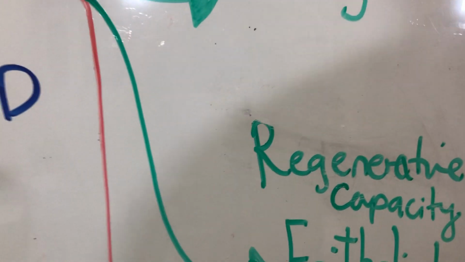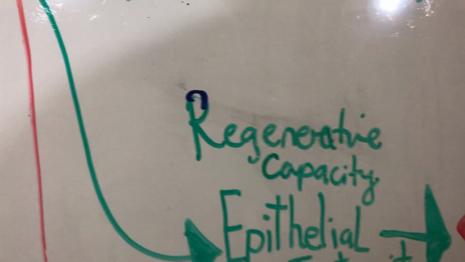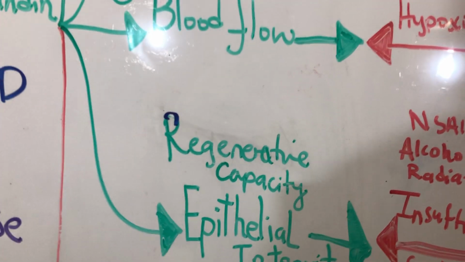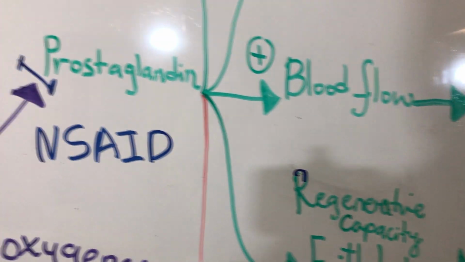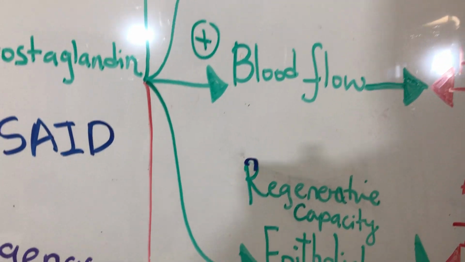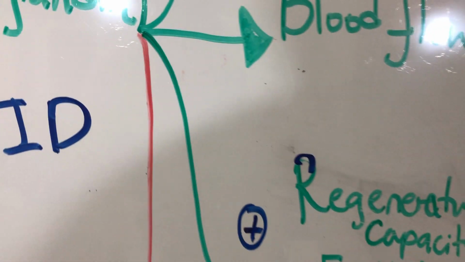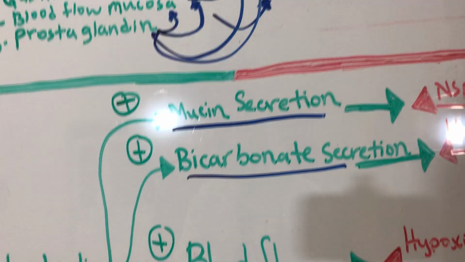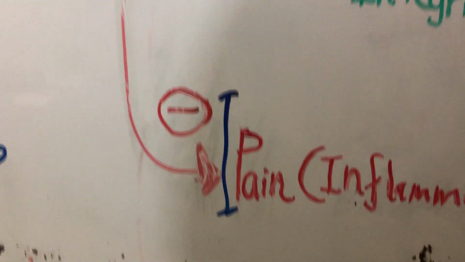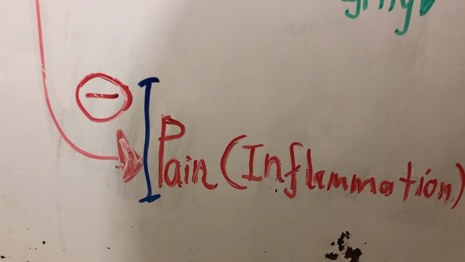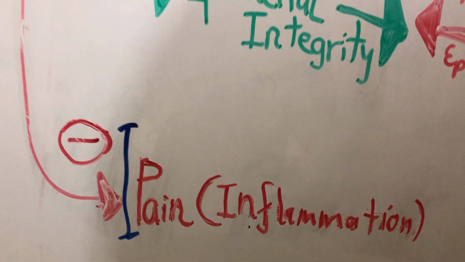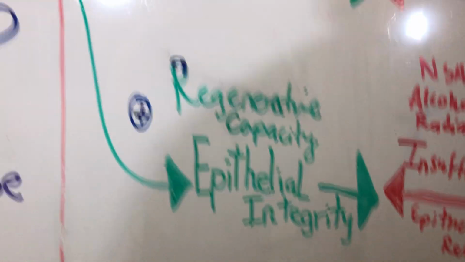And there also would be a defect in the regenerative capacity of our epithelium. So we would end up pretty much inactivating four defense mechanisms just to avoid that one role of pain sensation during the inflammation.